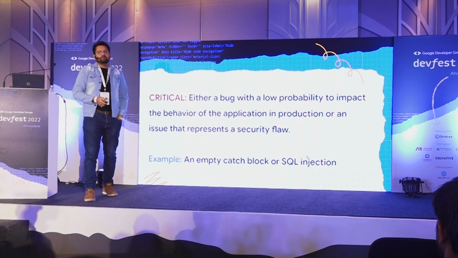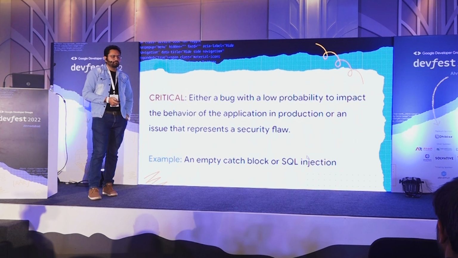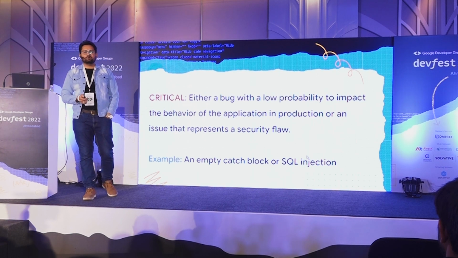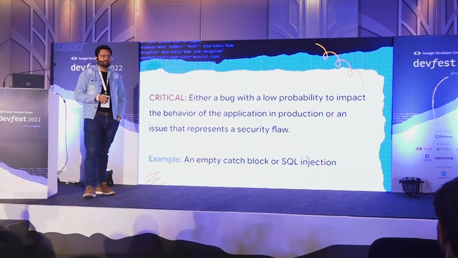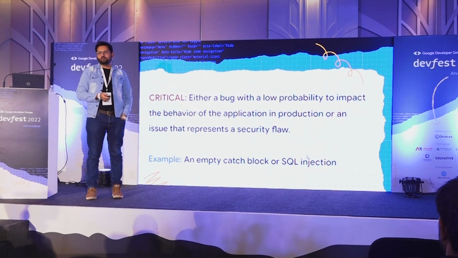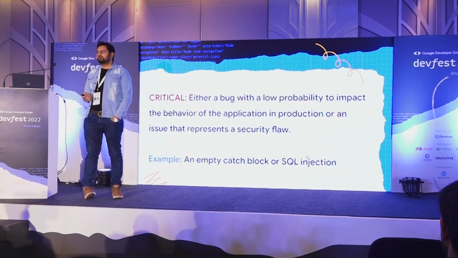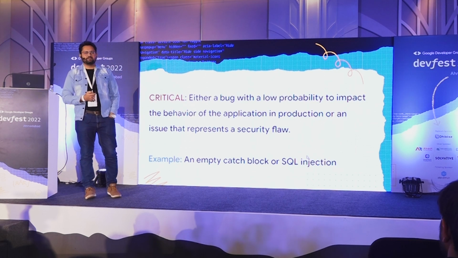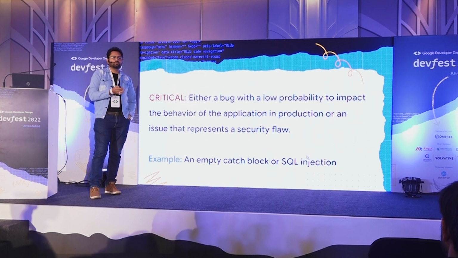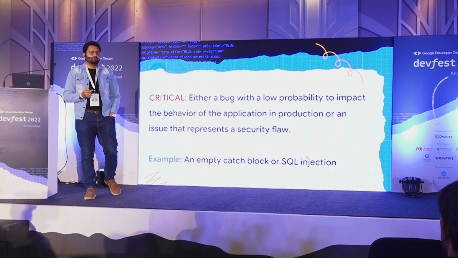Critical again has a probability of impacting the behavior of the application, but the chances are lower, and it also impacts the security flow if you are not following, let's say, encryption of the data that you use for that API, and you just use raw data, sending the login password as is, right?